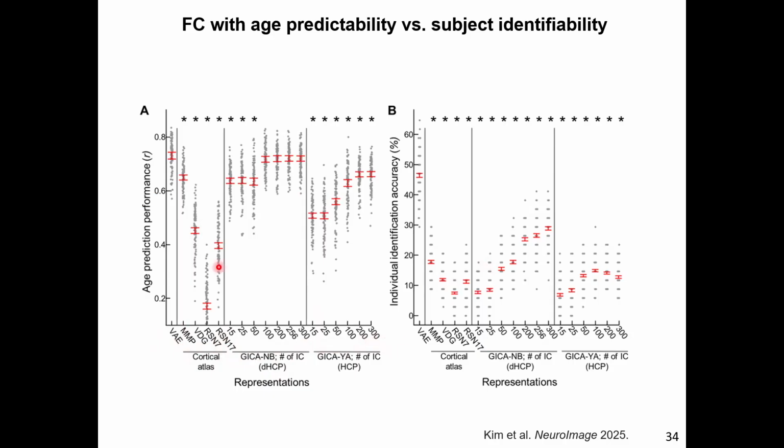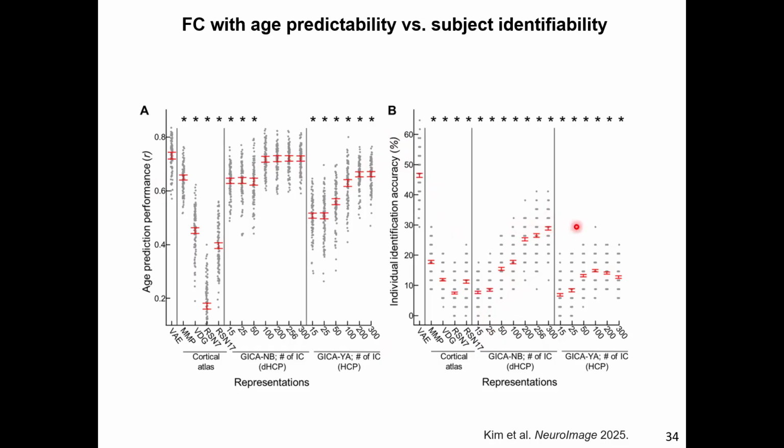What we observed is that for age prediction, even with ICA, the performance is comparable. However, for the individual identification test, only the VA model showed very high accuracy, about 47%, compared to other methods. For example, with GICA, the best accuracy is about 30%.